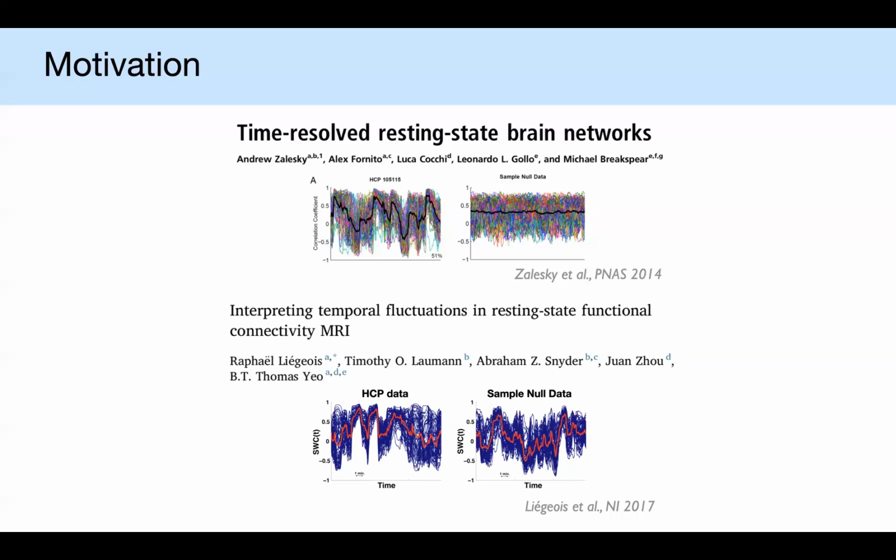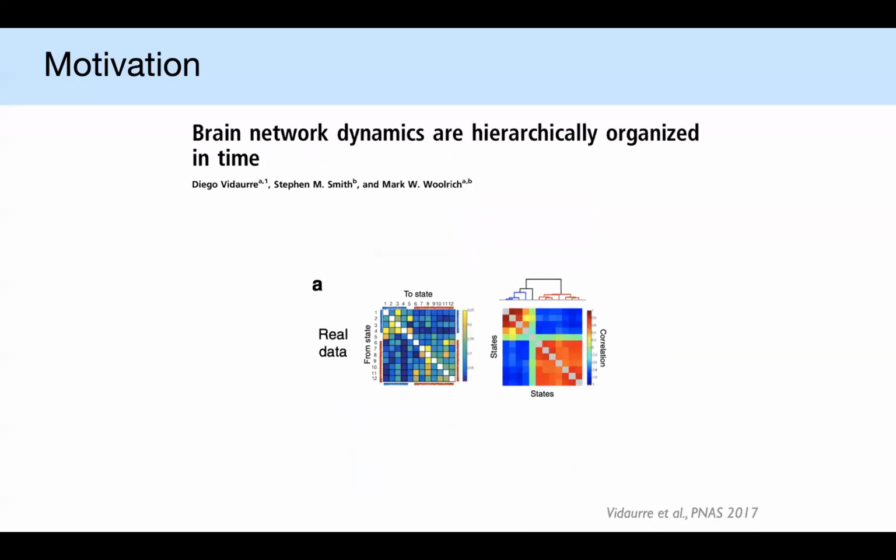Another example using a popular paper and result in the dynamic functional connectivity literature is this work by Diego Vidaurre and collaborators, where they describe the transitions between different states, connectivity states, at rest and during tasks.